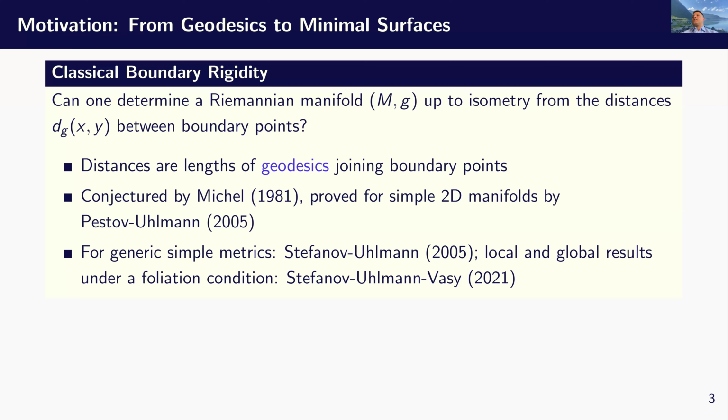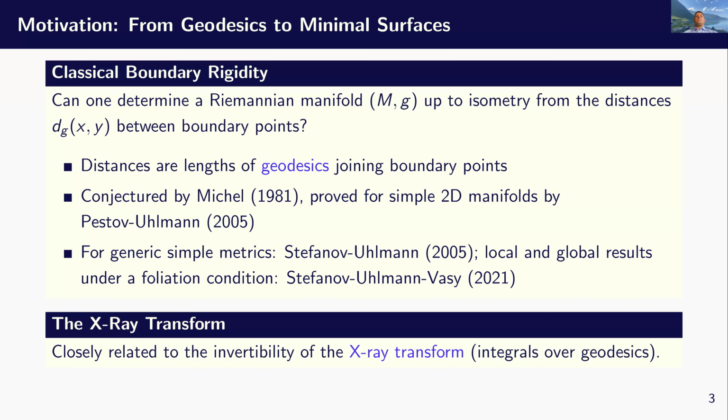And then after that, there's a large gap in time. There were local and global results under a foliation condition by Plamen, Günther, and Anders Vasy a few years back. This classical boundary rigidity is closely related to the study of the invertibility of the X-ray transform. The X-ray transformation integrates a function over geodesics.